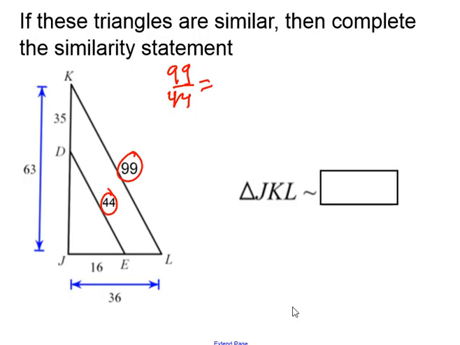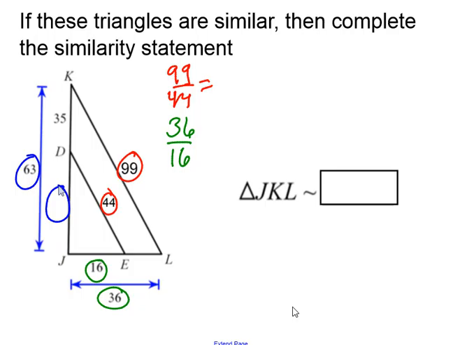The next scale factor I want to set up is 36 for the big triangle, 16 for the little triangle. And the last one I need to set up is 36 for the big triangle, but then I don't know for the small triangle. 35 is not for any side of any triangle, so I cannot use it.